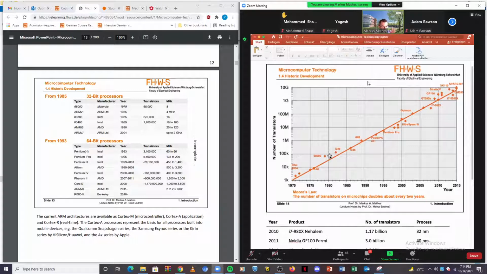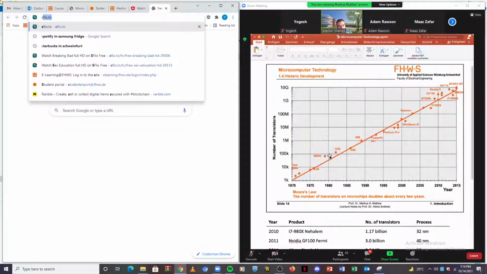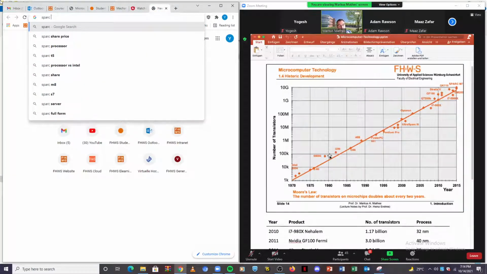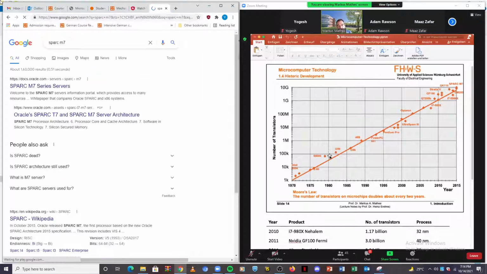So it's possible to add more transistors to a wafer, and the wafer is the base component where the CPUs are extracted from, by simply reducing the structure size. At the moment, we use 7 nanometers as structure size. So by reducing the structure size, we can put more switches on the same area, and therefore we can process more steps and gain performance.